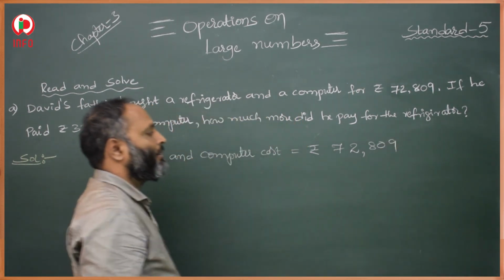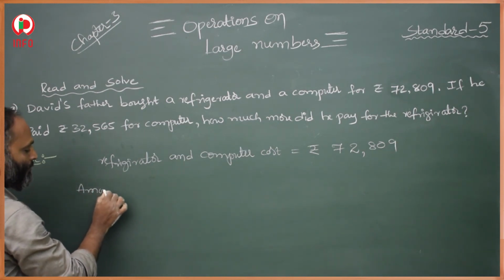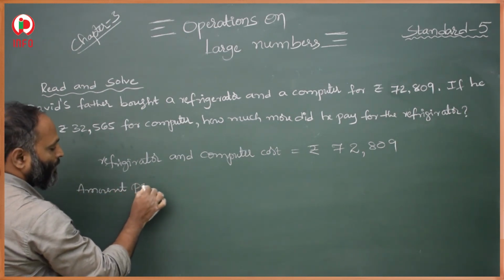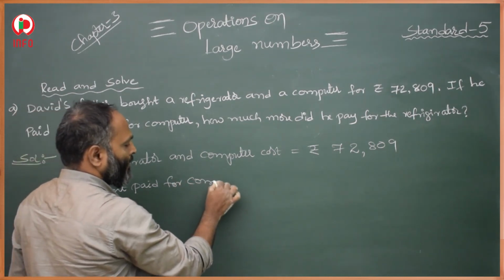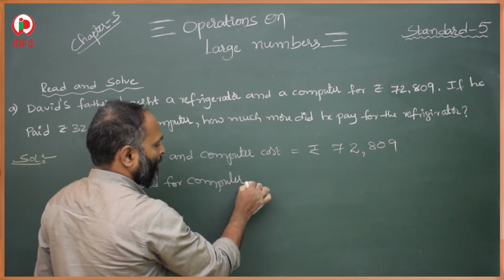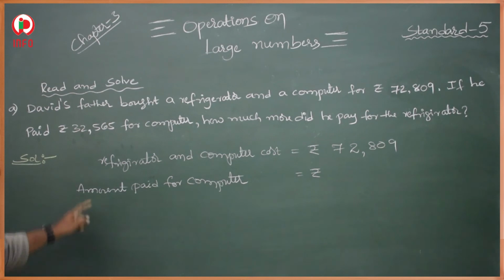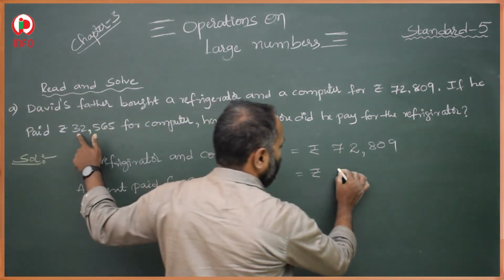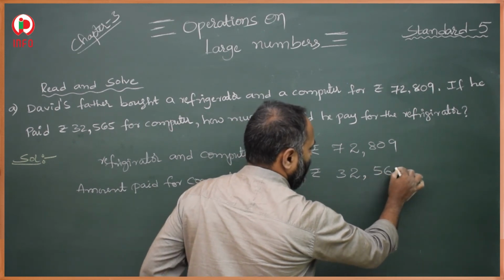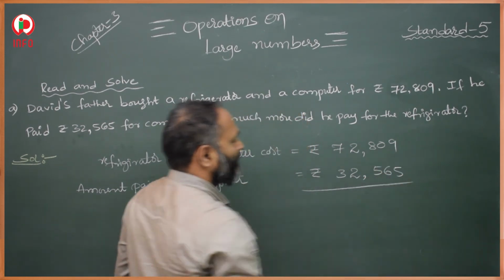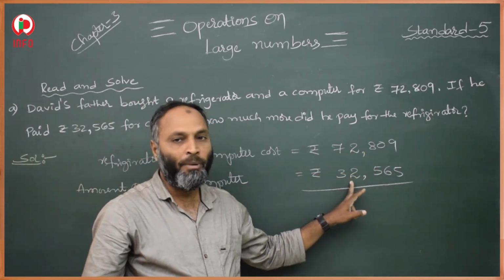Then the amount paid for the computer is equal to rupees 32,565. This much amount he paid out of 72,809.